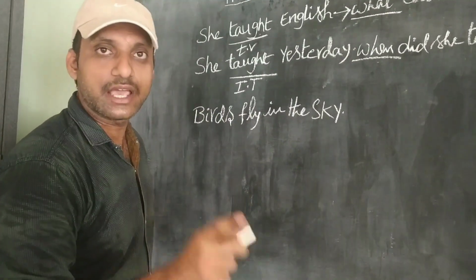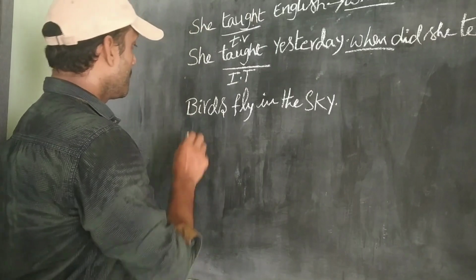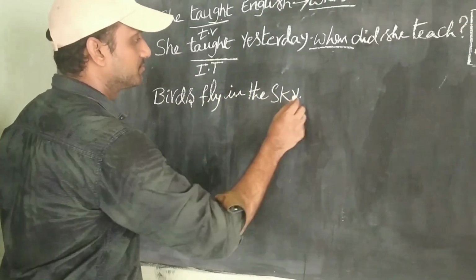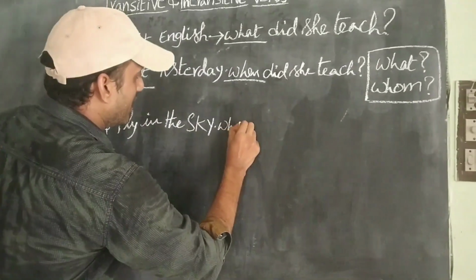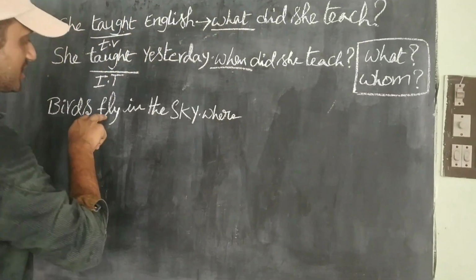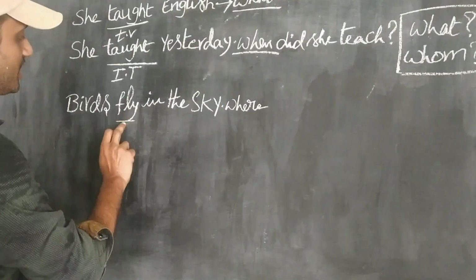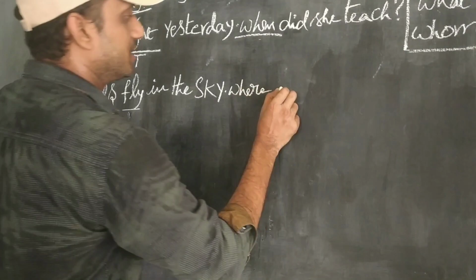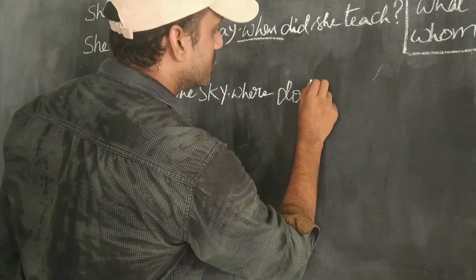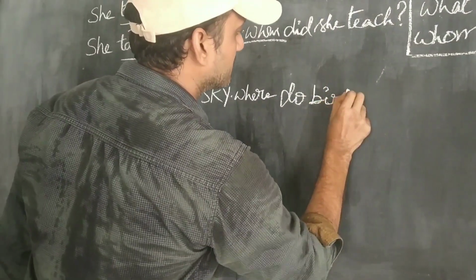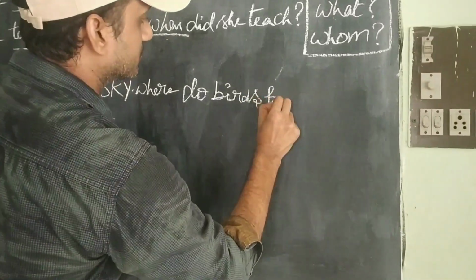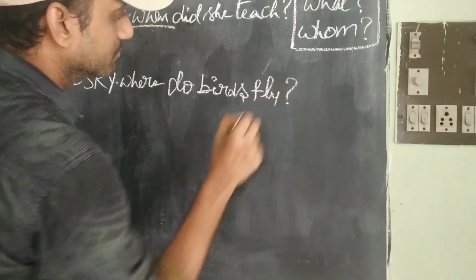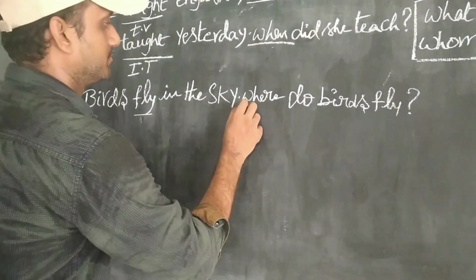Because of that reason only I am saying again and again. Birds fly in the sky. Which tense is it? Fly in the sense V1, right? Observe carefully. Where do birds fly? In the sky.